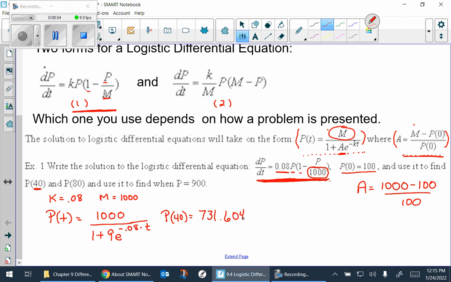Now, if we're talking about populations, I don't think we're going to have partials. So I think we'd say the population was 731.